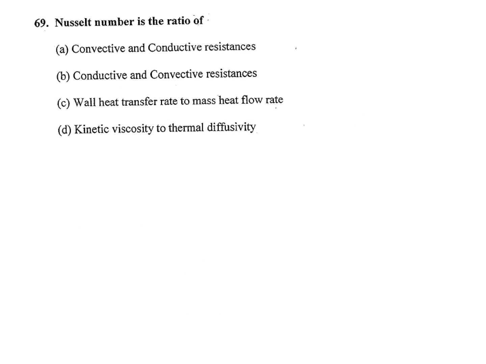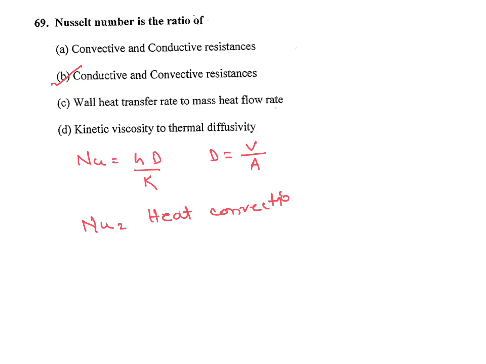Nusselt number is hd by k, where d is the characteristic dimension, V by A. Here Nusselt number is the ratio of conductive and convective resistance. B is the answer. Also, Nusselt number is heat convection by heat conduction.